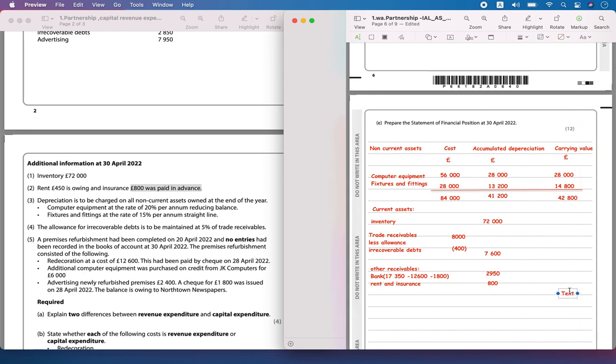Then let's add up all the current asset values. So 72,000 plus 7,600 plus 2,950 plus 800 should be 83,350. Now let's add the total asset value.